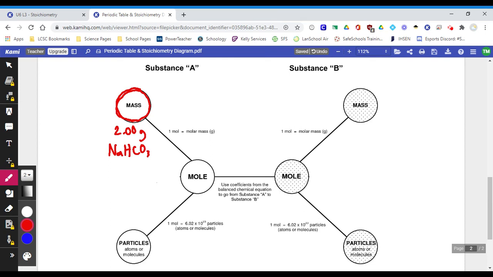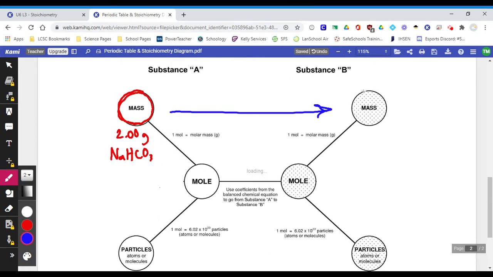Okay, well, if I am going to convert, again, it would be great if I could just go straight from grams of NaHCO3 to grams of something else. Just hop from mass of one thing to mass of another. After all, we're trying to get to grams of a different chemical. In this case, grams of sodium oxide, Na2O.